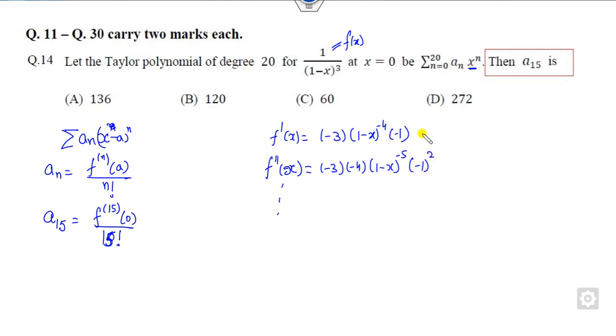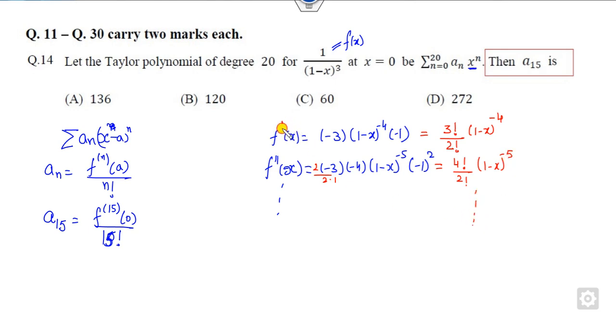I can take minus minus as plus, so it can be written as 3 factorial over 2 factorial, times 1 minus x. Similarly here, it's 3, 4, so I can write 4 factorial, multiply and divide by 2 into 1, so it will be 1 minus x to the power minus 5 and so on.